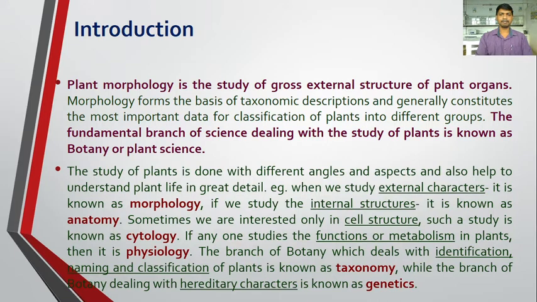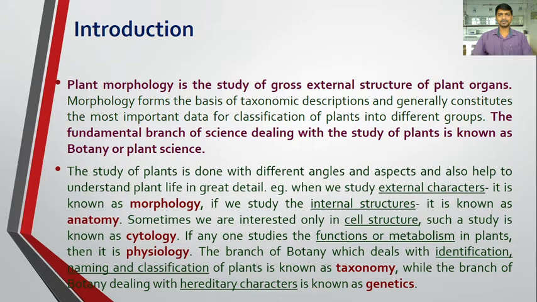For example, when we study the external characters, it is known as morphology. So plant morphology, it is the study of gross external structure of the plant organs. So when we study external characters, it is known as morphology. When we study the internal structures, it is known as anatomy.